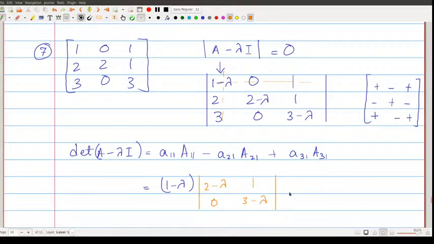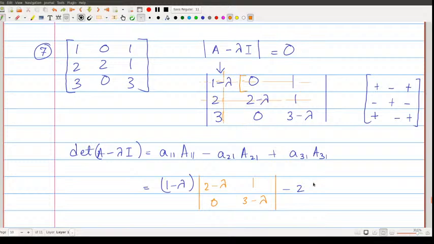And then second term is going to be minus a21, which was 2, and then the cofactor for this one is going to be, what are we going to do? We're going to ignore this. So this was the entry, right? So we're going to ignore this row and ignore this column. So the matrix we get is formed by these two blocks, right?